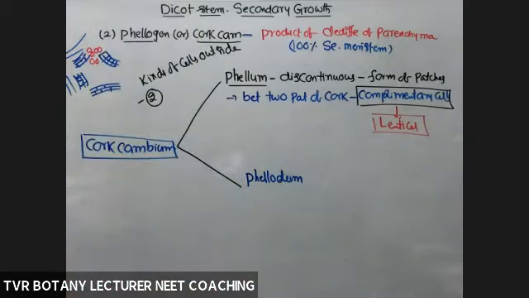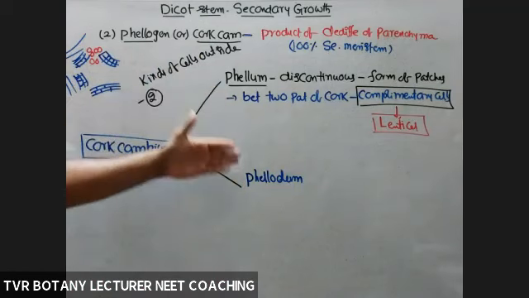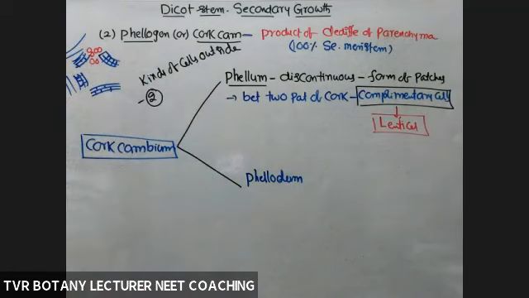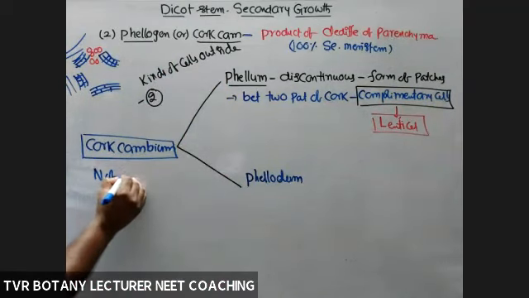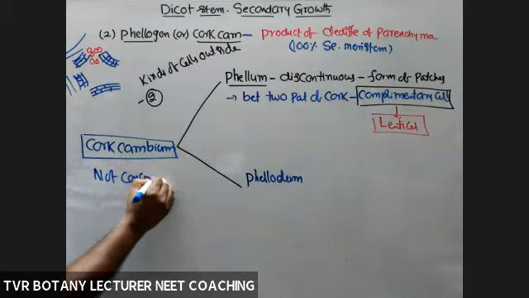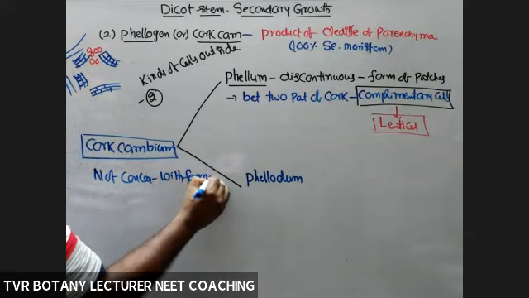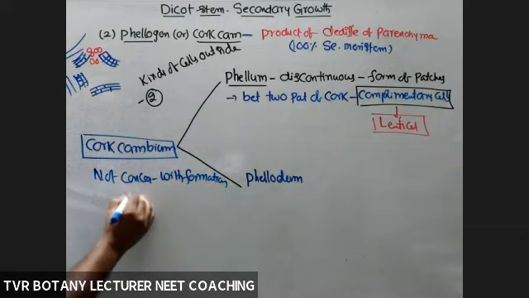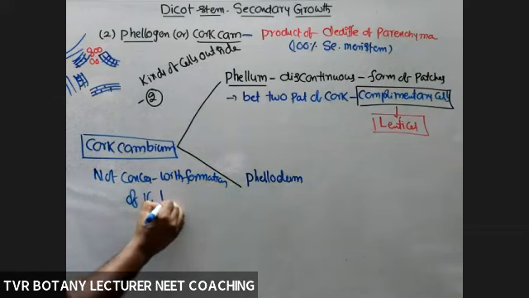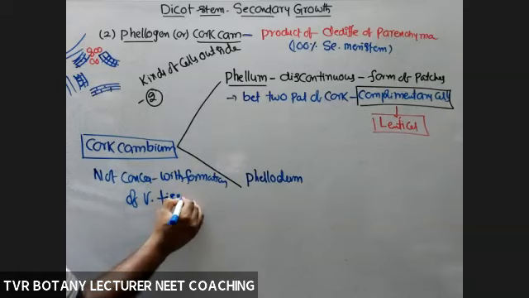Or secondary cortex. Basically, these two are parenchymatous only. So cork cambium is not concerned with formation of vascular tissues.